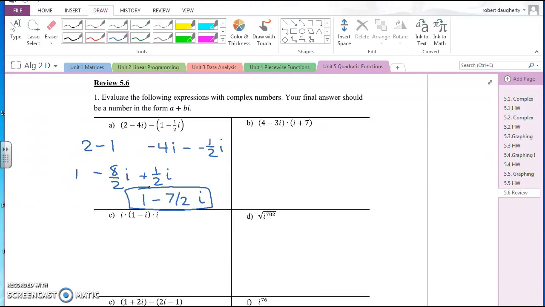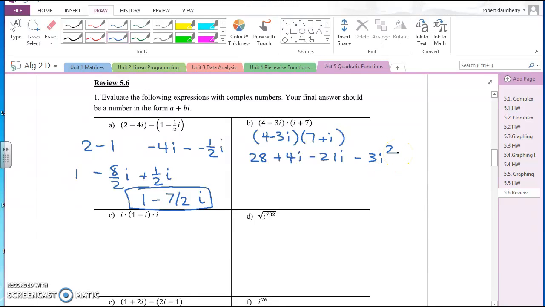So I need to FOIL this. I like to write it as 4 minus 3i, and then let me just write this as 7 plus i. Then I get 28, and then I get plus 4i minus 21i, and then I get minus 3i squared. Let me double check it.